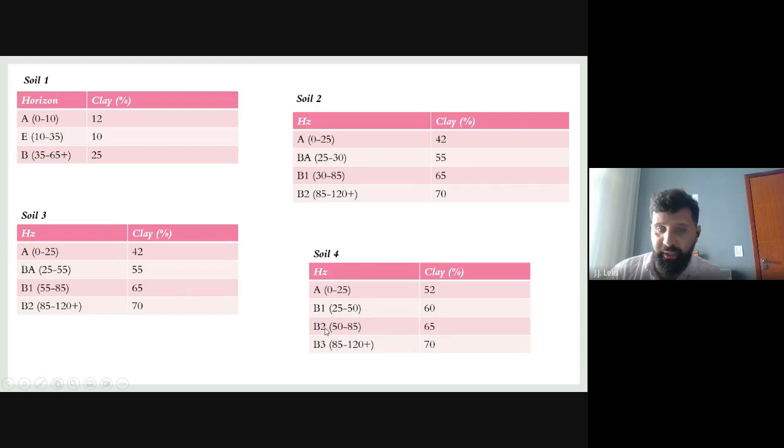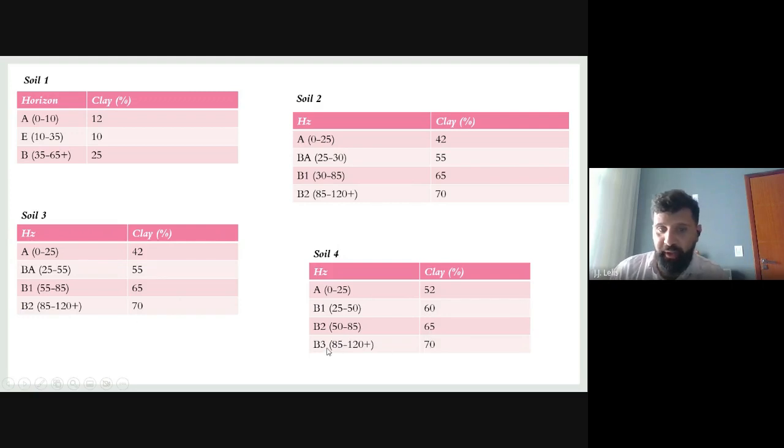We have a B2 between 50 and 85, 35 centimeters of thickness. And the B3 is 85 and below. The A horizon presents 52% of clay content. The B1 60, the B2 65, and the B3 70.